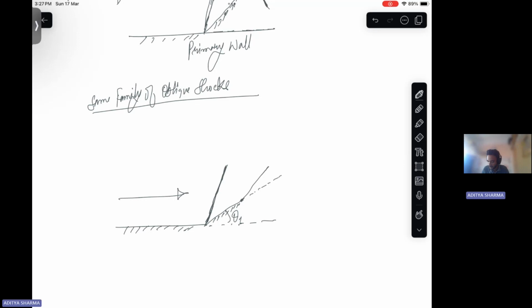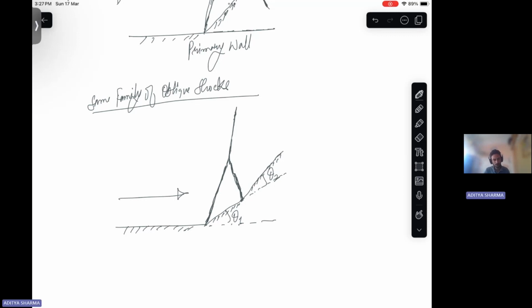It was like this, and we again gave this deflection to it. In that case we'll again get a shock, and these oblique shocks will intersect, and we will get one single shock.